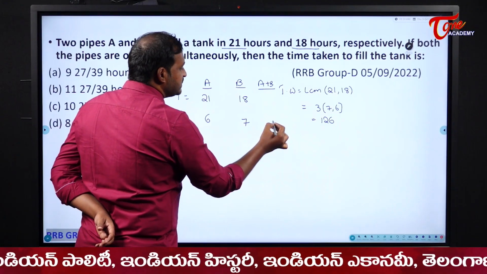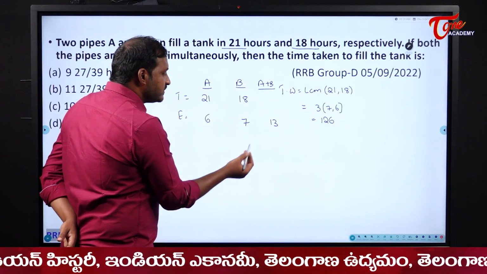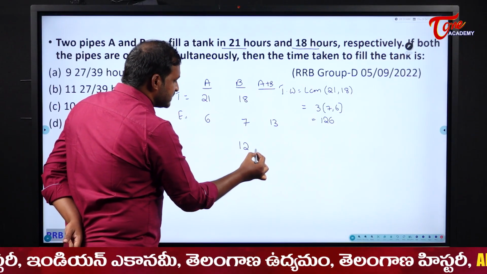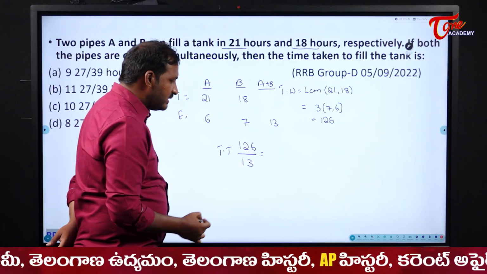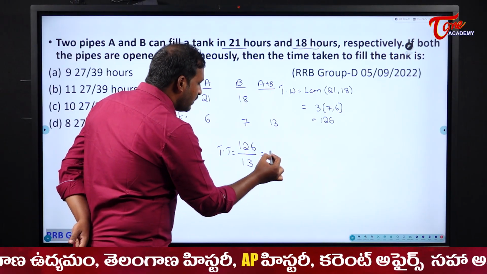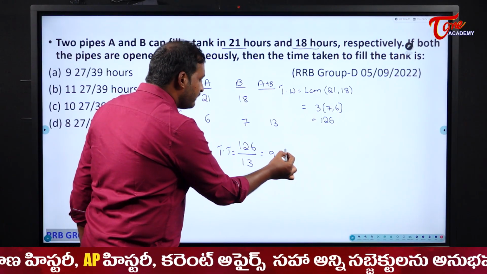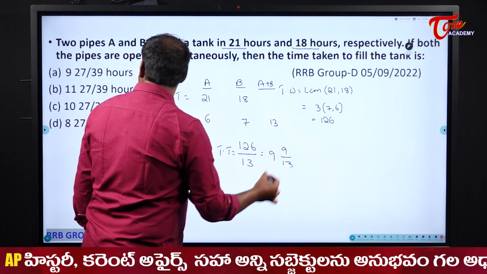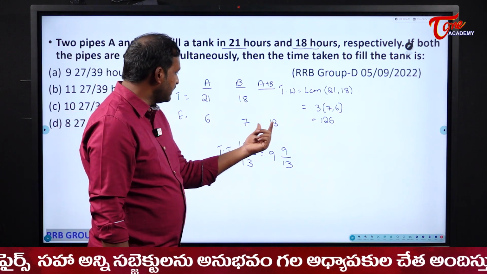What is the total efficiency now? 13. Right? So now what happens to the students? 126 by 13. Time taken is equal to 126 by 13. This will become what? 9. 13 9s is 117. I will be left with 9. 9 by 13 hours.